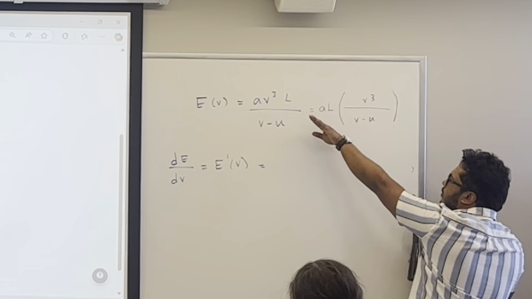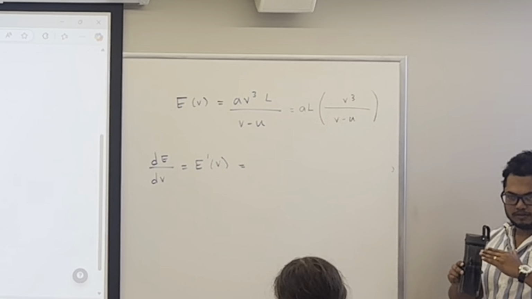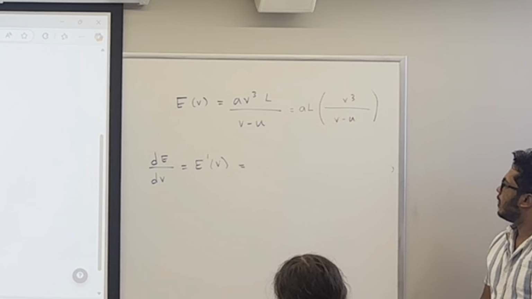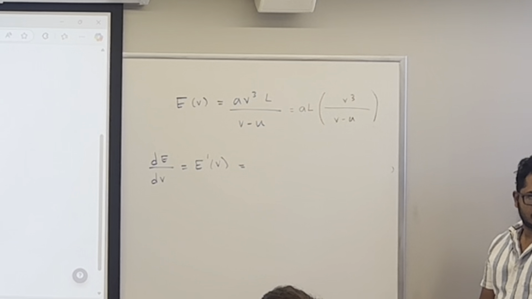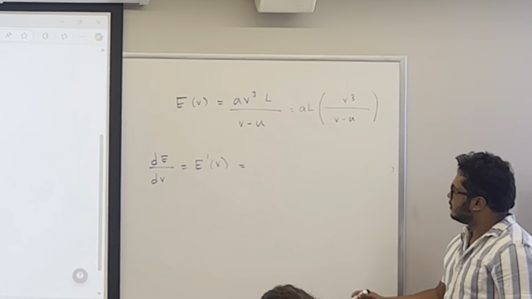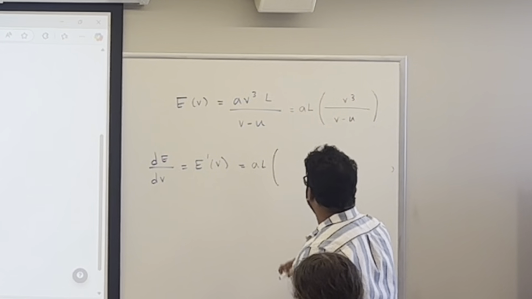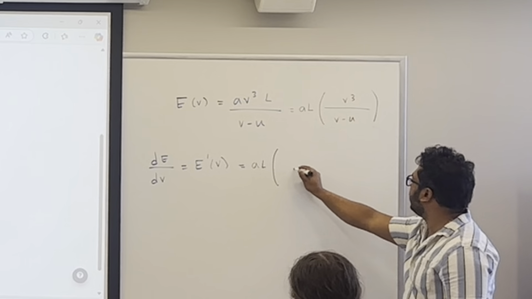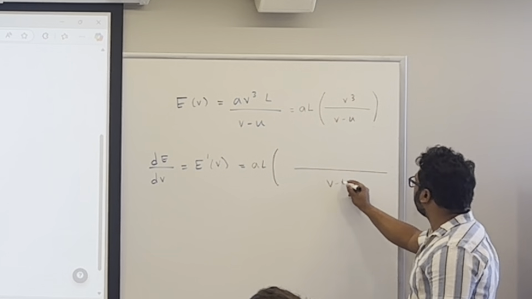You can keep it outside and only work with the brackets. Take the derivative. I know the bottom is v minus u squared.